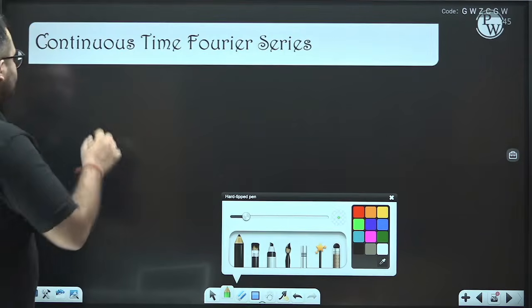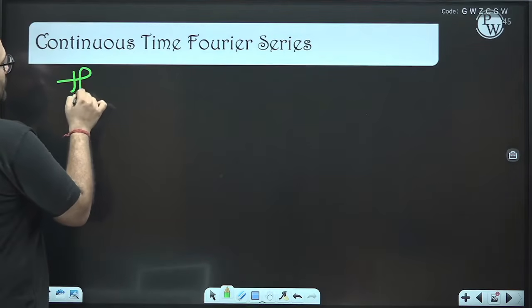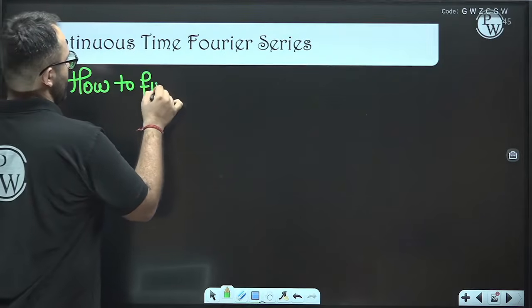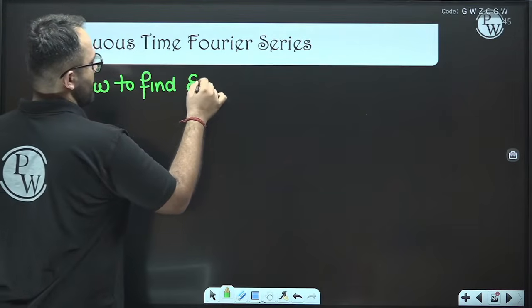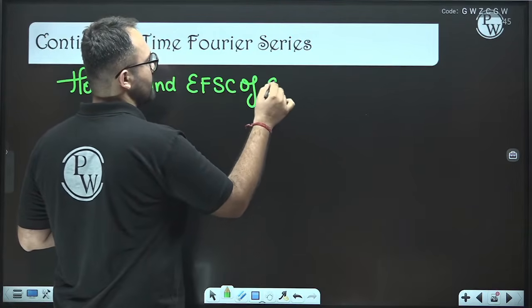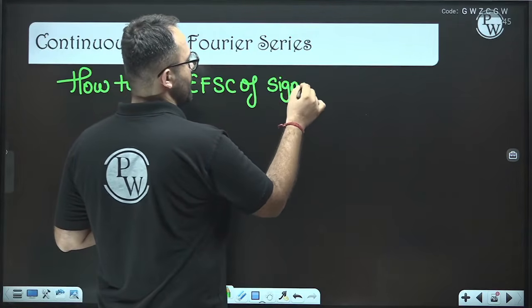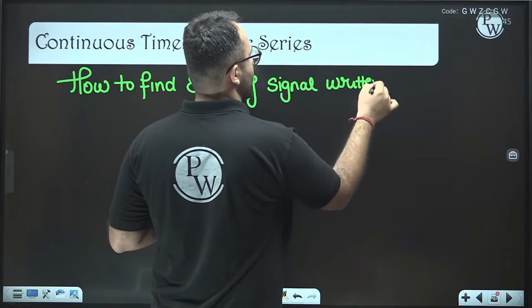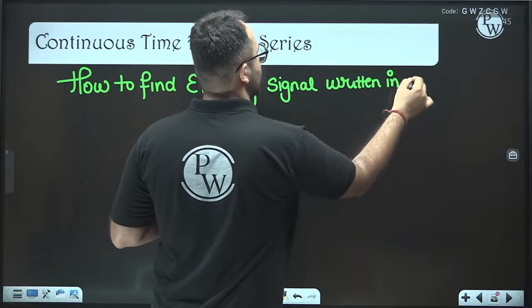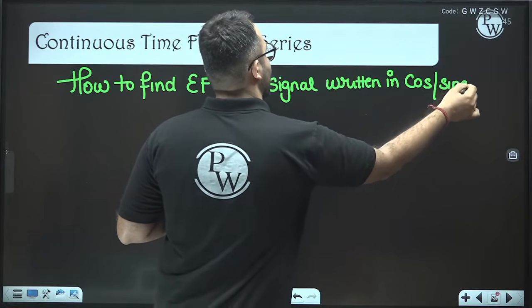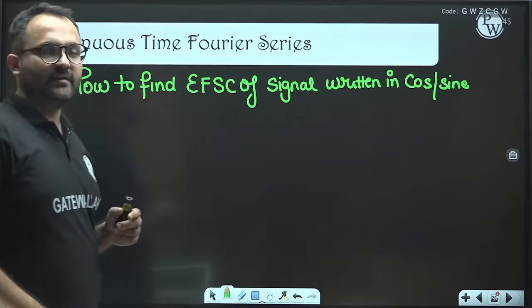So how to find the exponential Fourier series coefficient of signals written in cos or sine. Let's see the example.